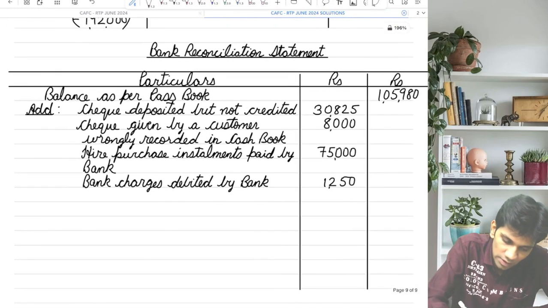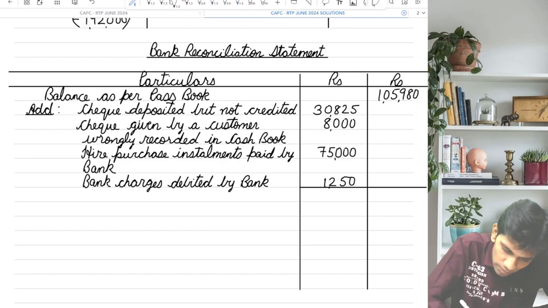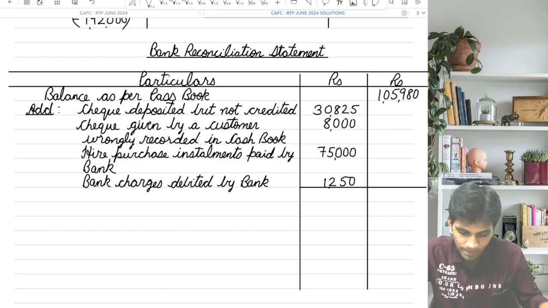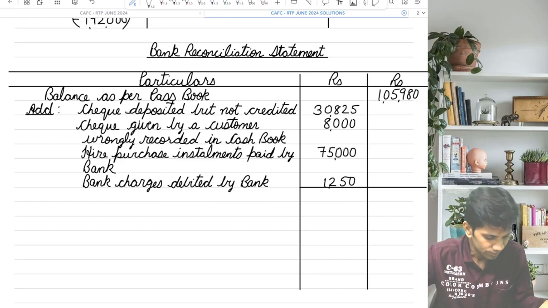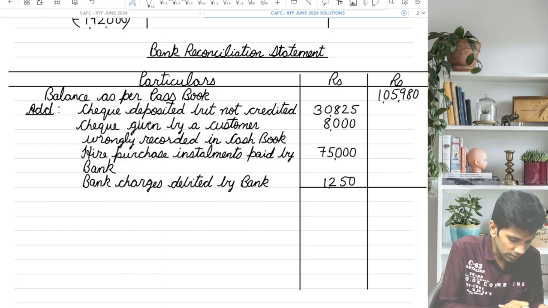Now we'll take the total of all additions. Let me take 3825 plus 8,000 plus 75,000 plus 1250.